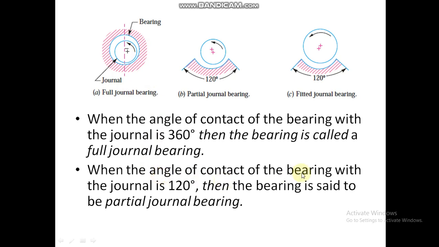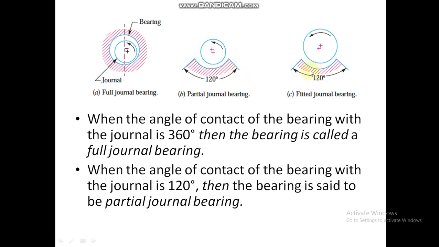When the angle of contact between the bearing and journal is 120 degrees, then it is called a partial journal bearing. See in this diagram, the angle of contact between the journal and bearing is only 120 degrees. This is called a partial journal bearing. In the previous case, it was a complete circle of 360 degrees, a full journal bearing.